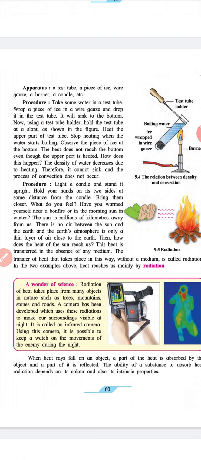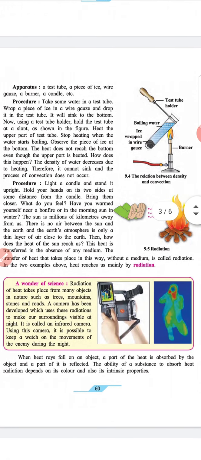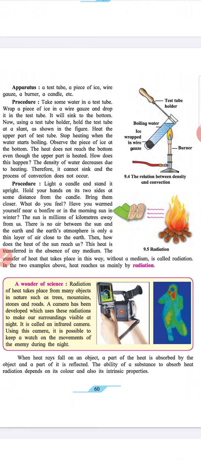Subheading: Apparatus. A test tube, a piece of ice, wire gauze, a burner, a candle, etc. Procedure. Take some water in a test tube. Wrap a piece of ice in a wire gauze and drop it in the test tube. It will sink to the bottom. Now, using a test tube holder, hold the test tube at a slant as shown in the figure.